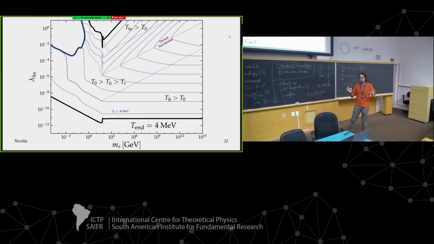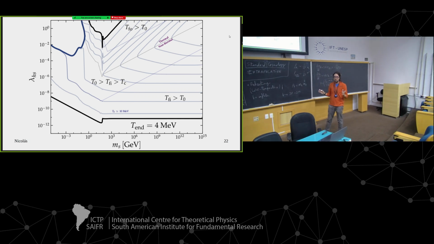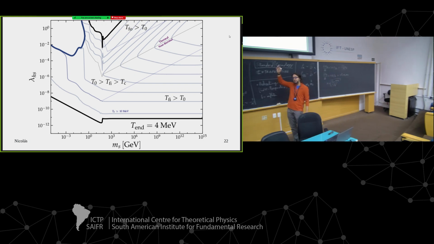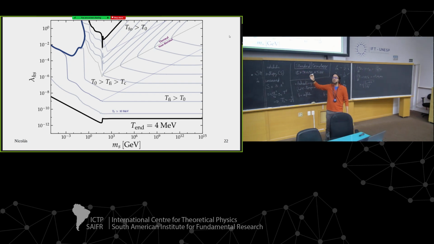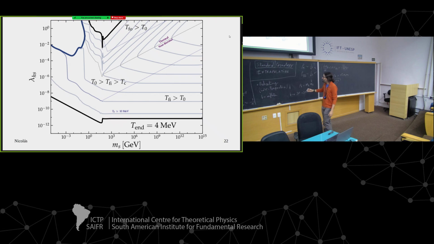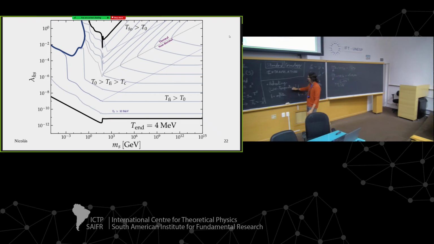But there's no reason why it has to be that number or even that ballpark. It's just a sociological problem. So the common lore is that reheating happens at a very high temperature. So if you have a smaller temperature, that is low reheating temperature.